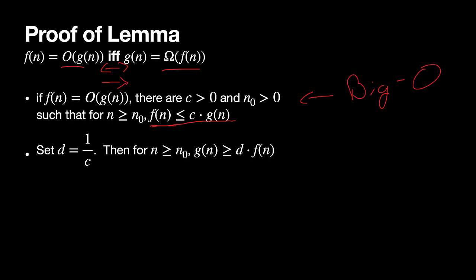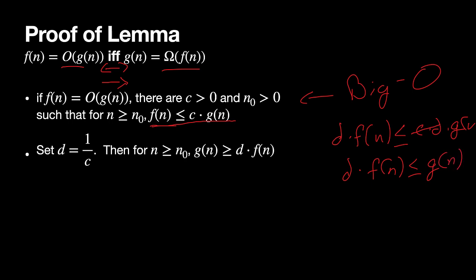We can multiply both sides of that inequality by d, so d times f of n would be less than or equal to c times d times g of n. And then of course c times d, it's c times 1 over c, so that cancels out. So we've got d times f of n is less than or equal to g of n.